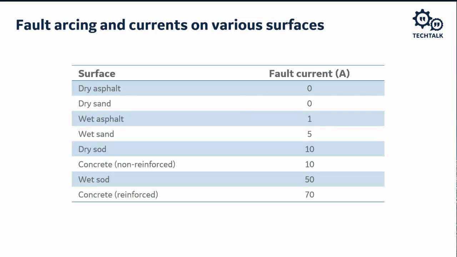For example, down conductors on dry asphalt and dry sand cannot be detected because both surfaces do not produce arcing currents. In contrast, reinforced concrete with lots of metal rebar provides the most arcing. Tests indicate that 60 to 85% of all down conductors can be detected. This means that 40 to 15% of all faults cannot be detected because not all surfaces produce arcing current.